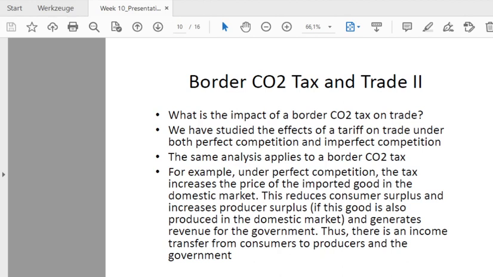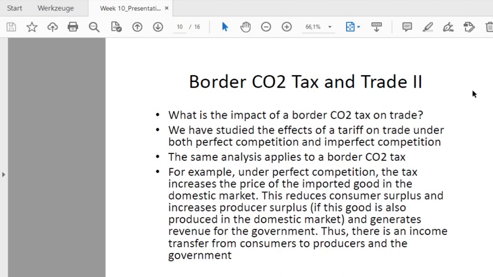Now, what is the economic impact of a border CO2 tax? You might recall that we have studied the effect of a tariff on imports, under both perfect competition and imperfect competition. Well, exactly the same analysis applies to a border CO2 tax.